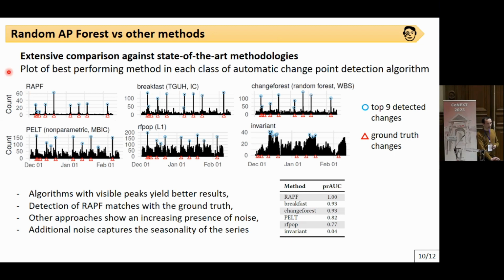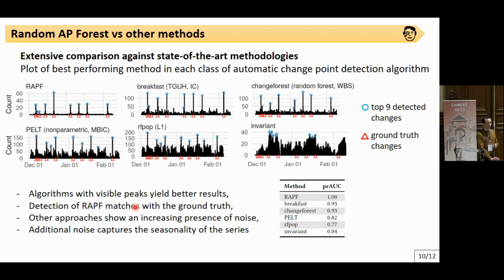At each time, we proceed the same way, and we count the number of detected changes observed. The blue circles correspond to the top 9 detected changes here, while our ground truth changes are shown in red. And the algorithm with visible peaks yields better results. This is not just visual, we also assess with a quantitative measure. Here it's the precision-recall area under the curve.